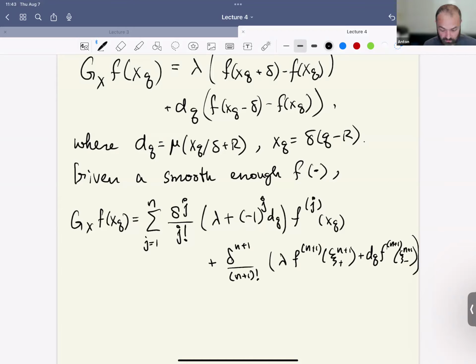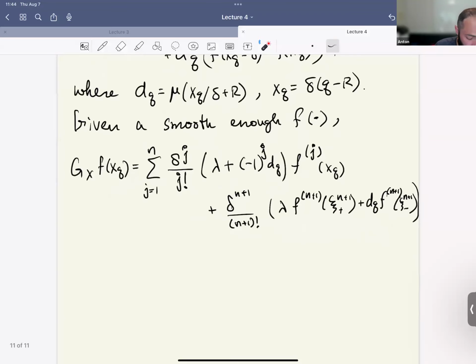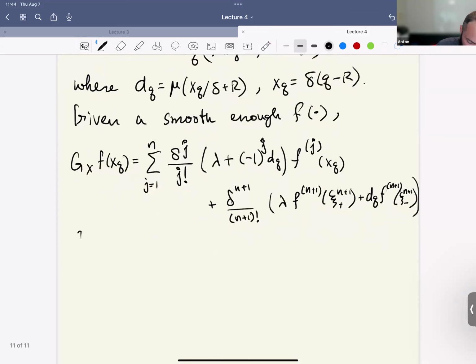In the error term, the C corresponds to the generic Taylor expansion remainder, and f^j is the jth derivative.